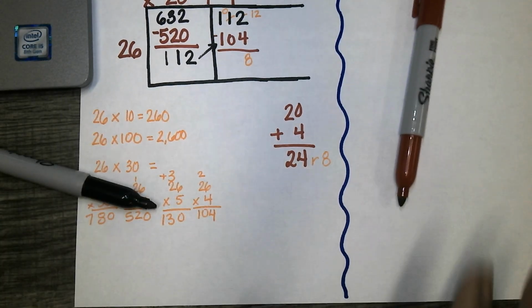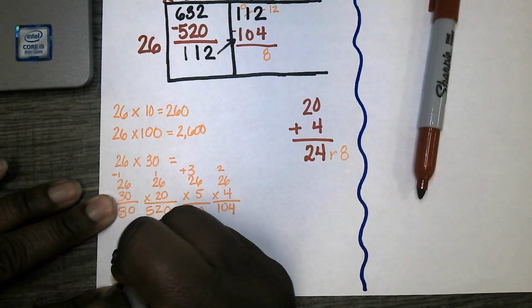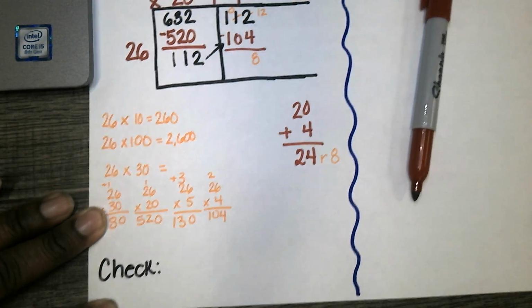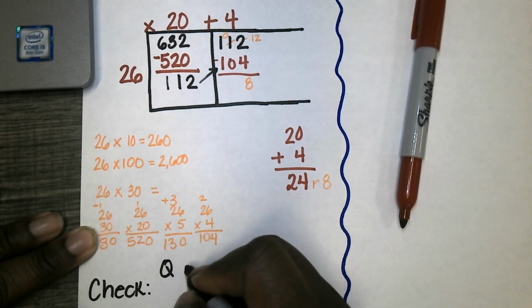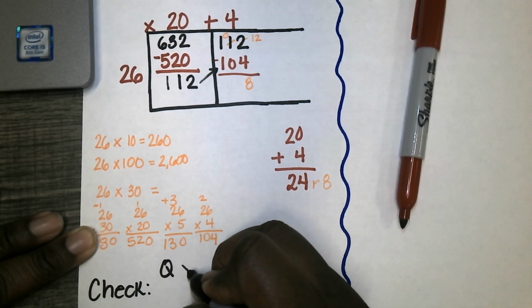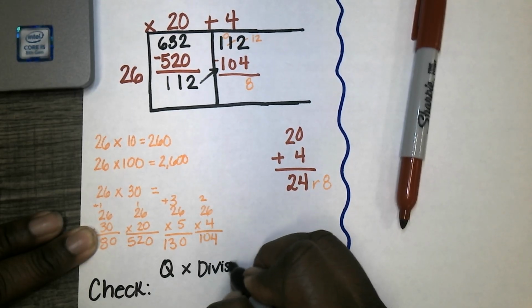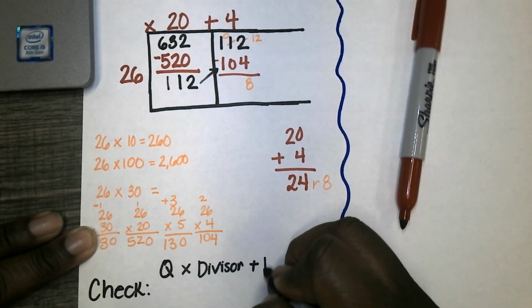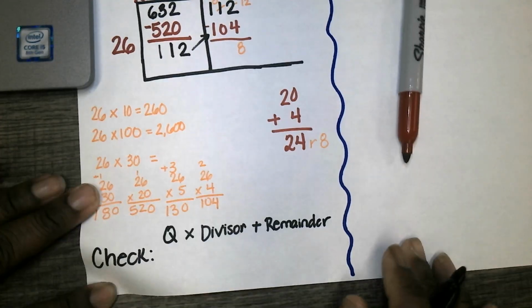So the equation from there, the equation that we write to check it will have to be whatever the quotient is, which I also talked about in the video. Then you multiply that times your divisor, okay, plus any remainder if you have one, and in this case we do. So we plug that in.